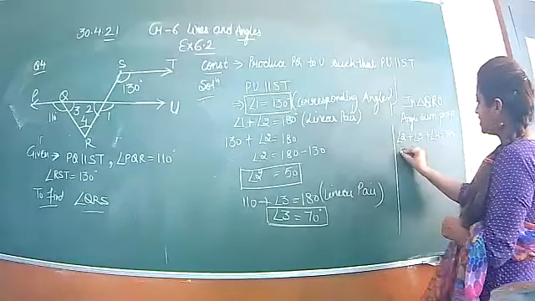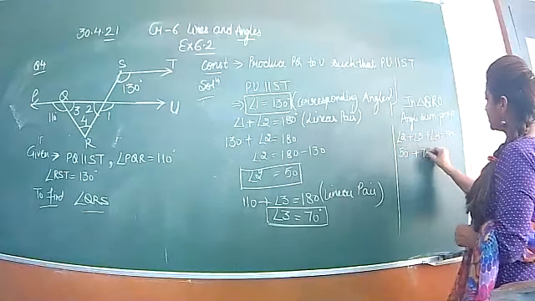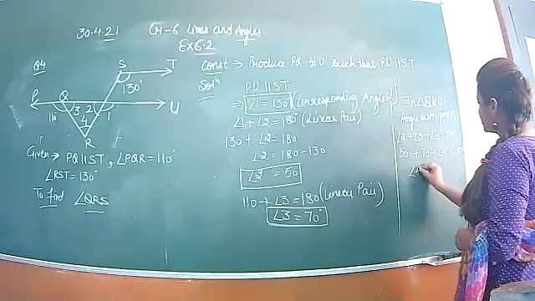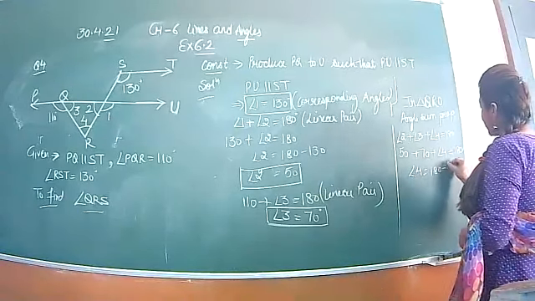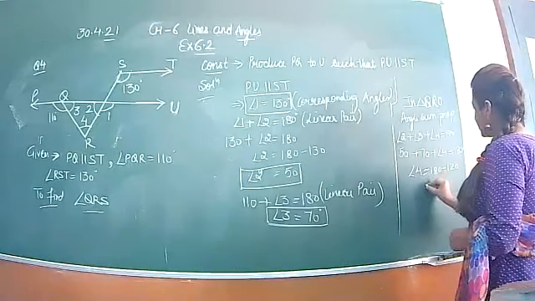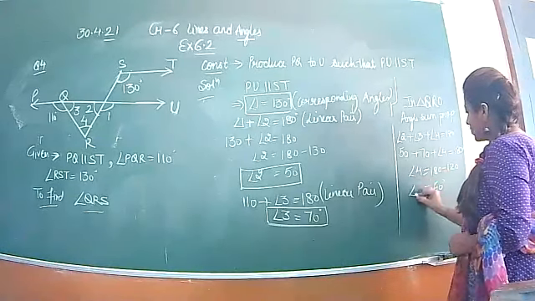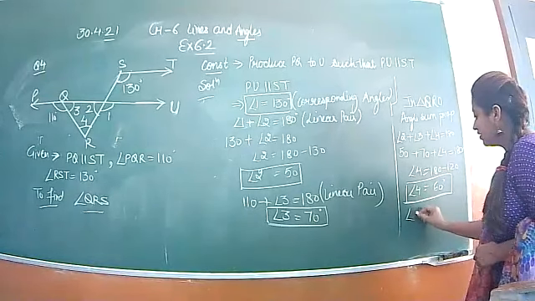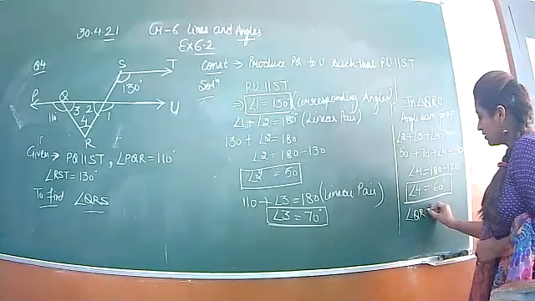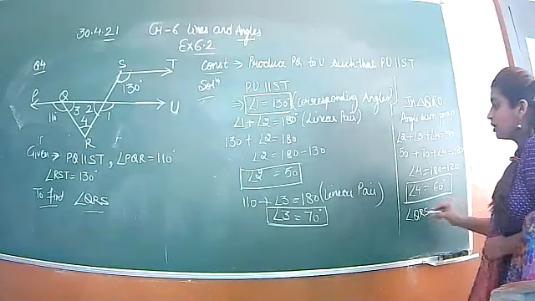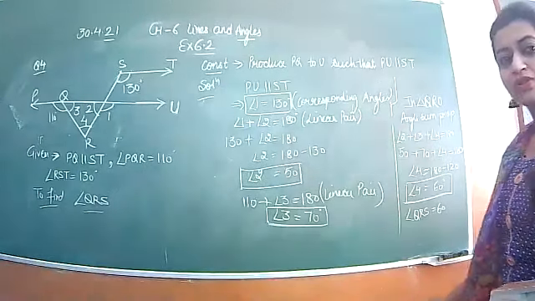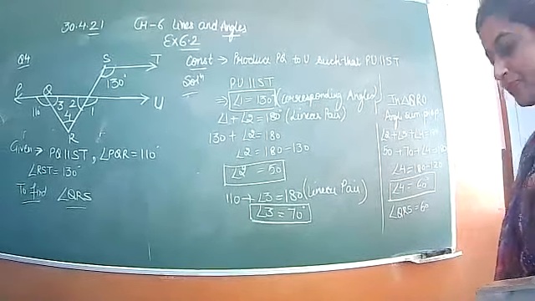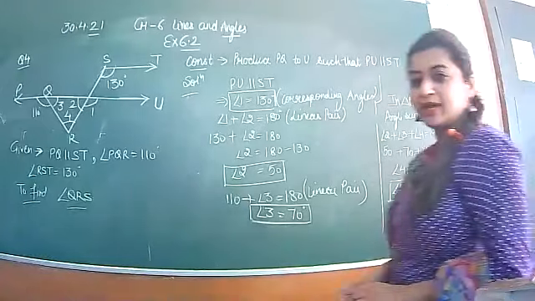Angle 2 is 50, angle 3 is 70, angle 4 you have to find. So let's subtract this. 180 minus 120, that is 60 degrees. So angle 4 we have got as 60 degrees, that is your angle QRS is equal to 60. All this we have done just to find this angle. Is it okay?